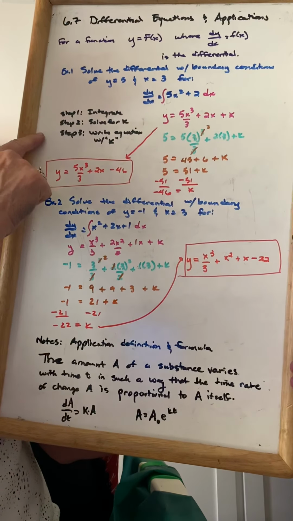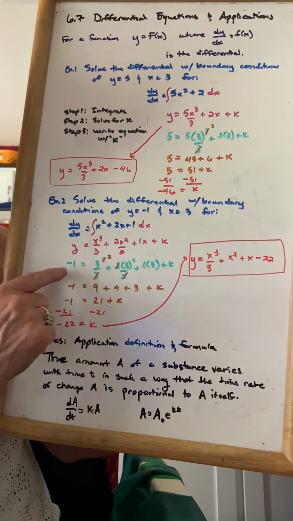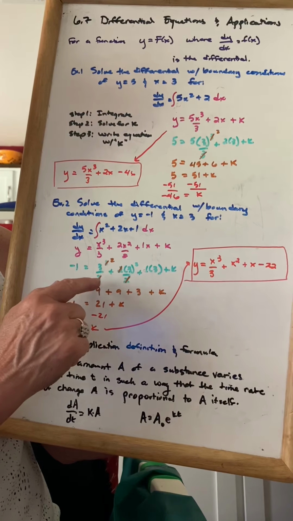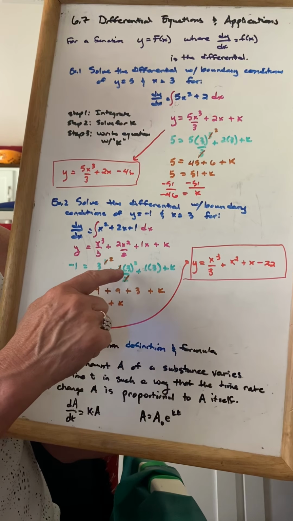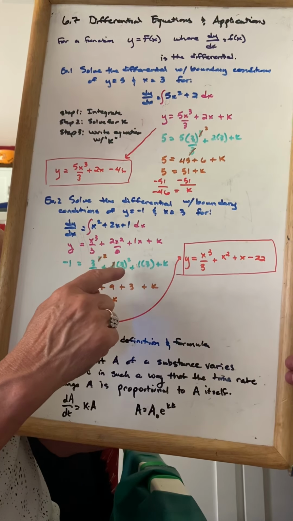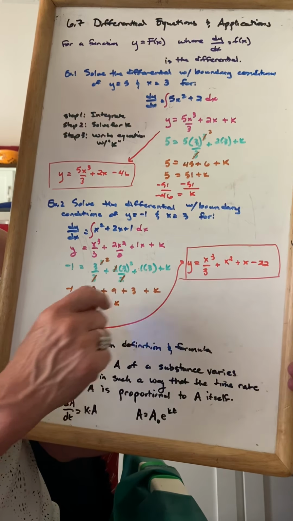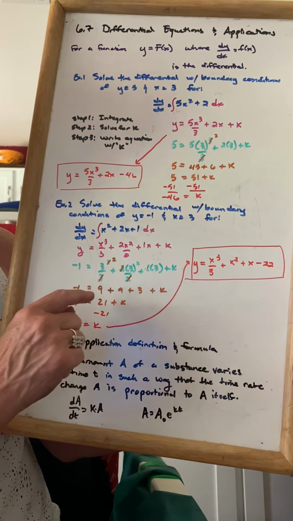Substitute, following the same steps. You substitute negative 1 and 3 in. Negative 1 equals 3 to the third over 3 plus 2 times 3 squared over 2 plus 1 times 3 plus k. The 2's cancel.